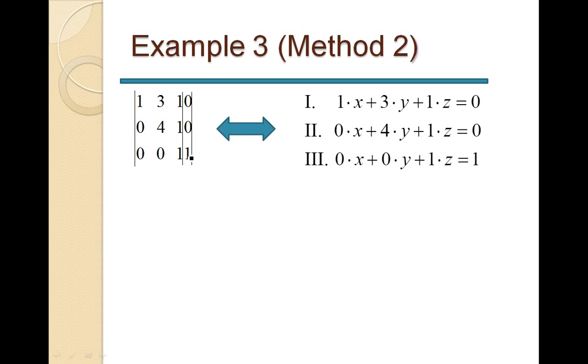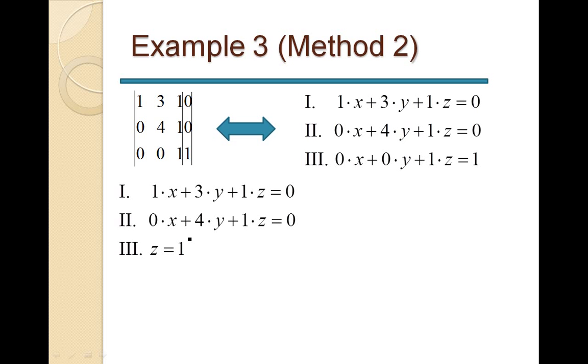Look at this equation. So this is eliminated, this is eliminated, and this is eliminated. Actually, what we have written down here is z equals 1. But if z equals 1, I can just replace it in here. So I get a much easier equation.